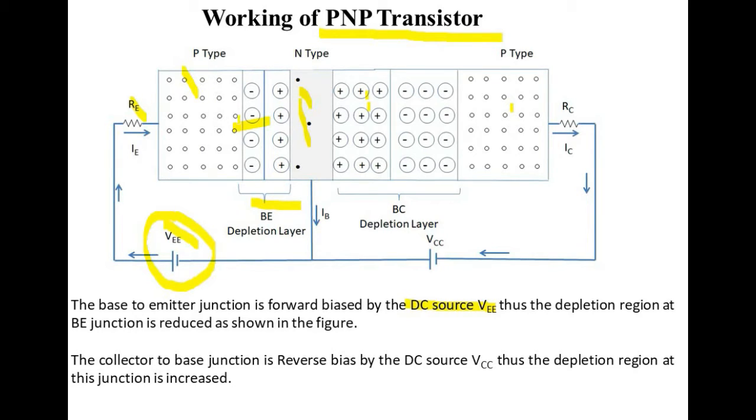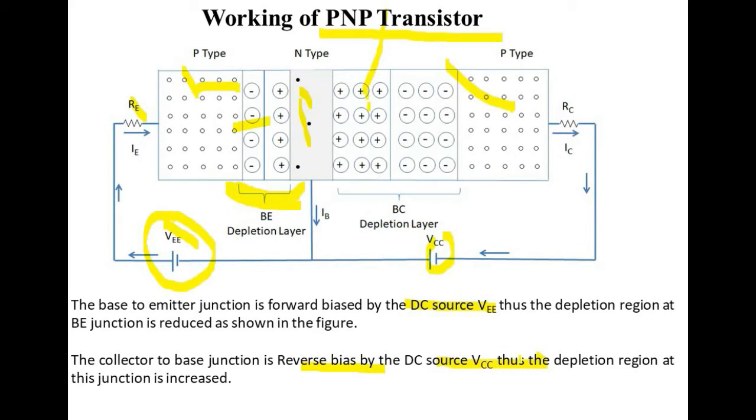When a PN junction is forward biased, we have already studied that its depletion layer decreases, meaning the barrier potential is decreased. Now come to the collector and base side. This PN junction, we see that the collector to base junction is reverse biased by the DC source VCC.